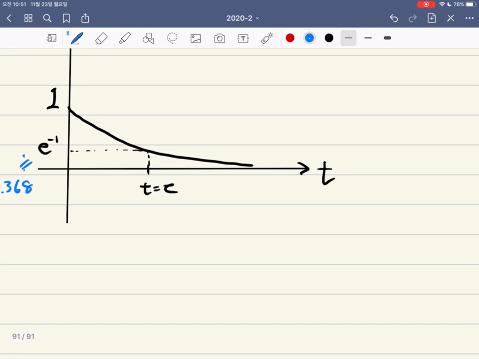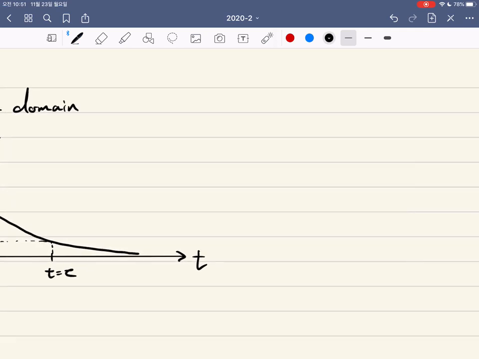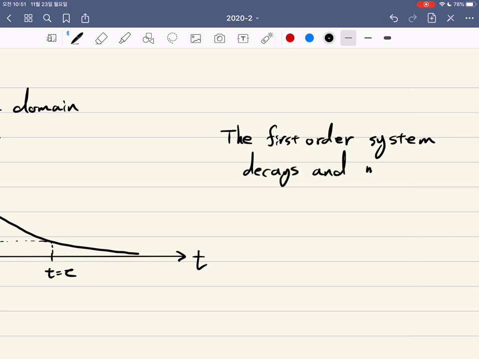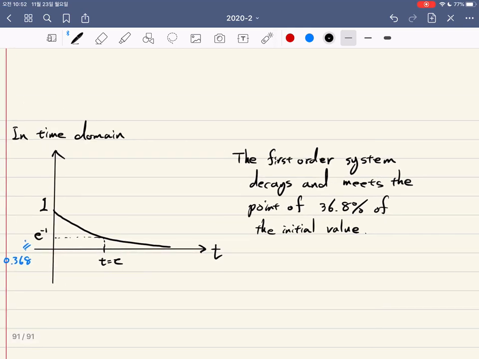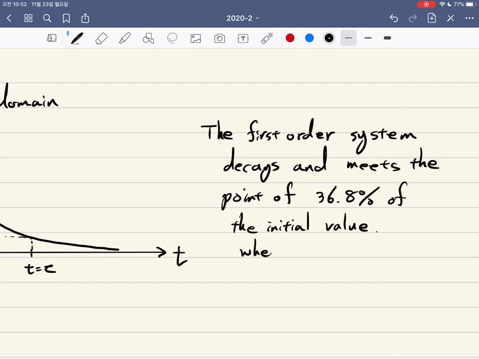Which means, so the meaning of this time constant in first order system, that is that the stable first order system decays and meets the point of approximately 36.8% of the initial value when t equals tau.